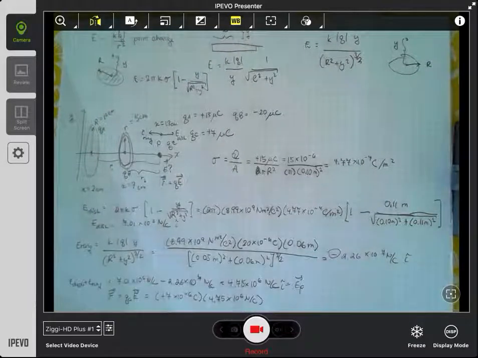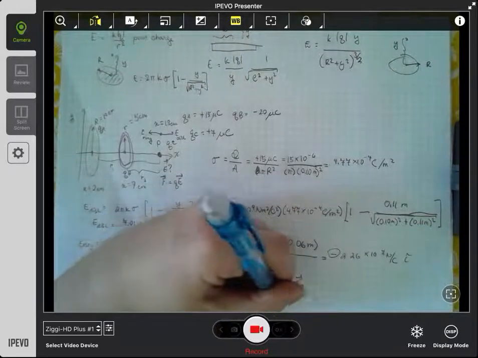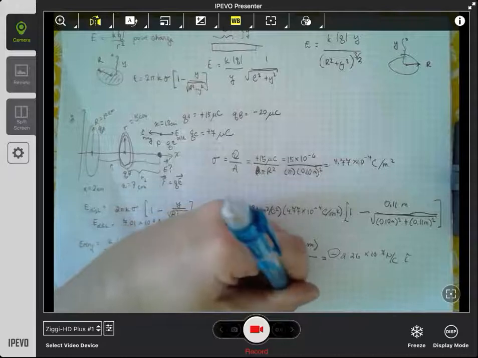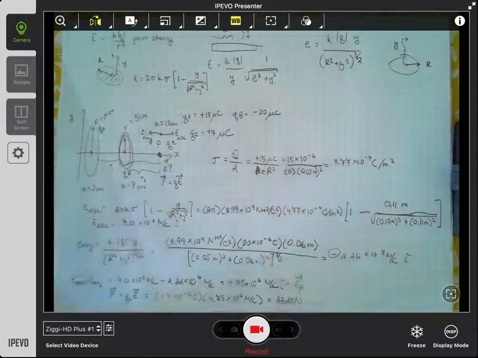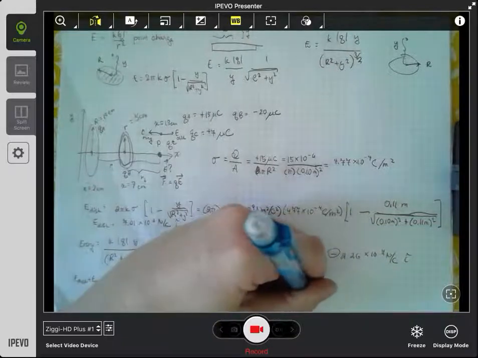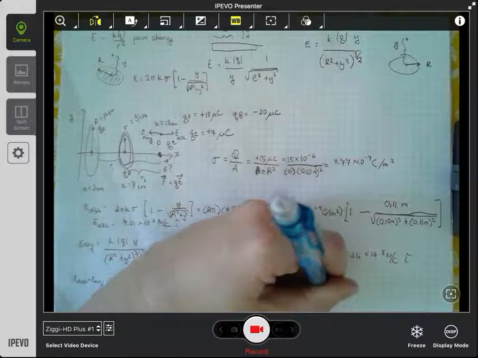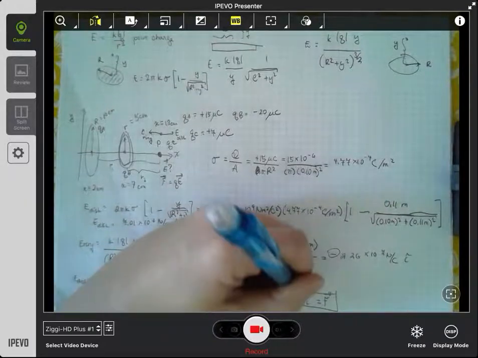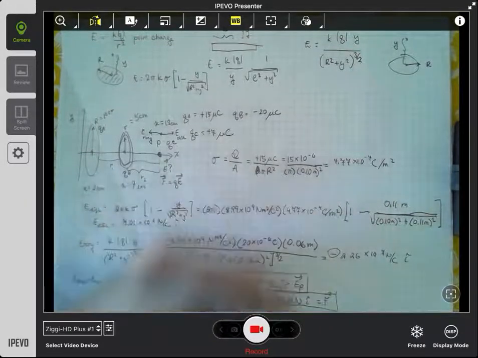So we're going to get 7 e to the -6 times 4.75 e to the 6, which gives us 33.25 newtons. And since this is a positive number, we haven't changed the direction of our field, so our force is also pointing in the positive i hat direction. So that would be our electric force. And this is our field.